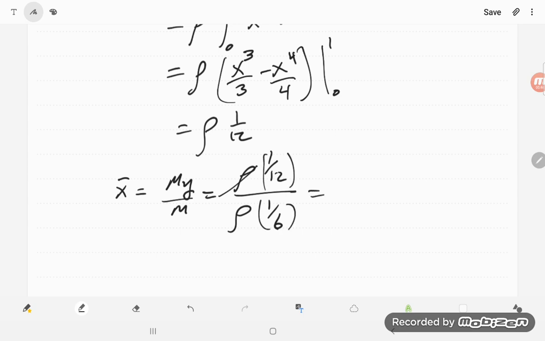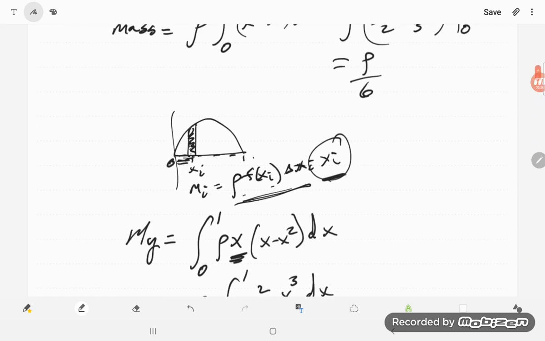Rho cancels, and 1/12 over 1/6 is 6 over 12, or 1/2. Given the symmetry, I knew that. We should have gotten x equals 1/2. That makes sense. We can get our mass, and we get m sub y. That's pretty straightforward. We just toss in that x and go from there.